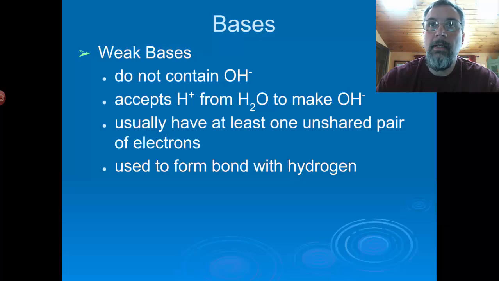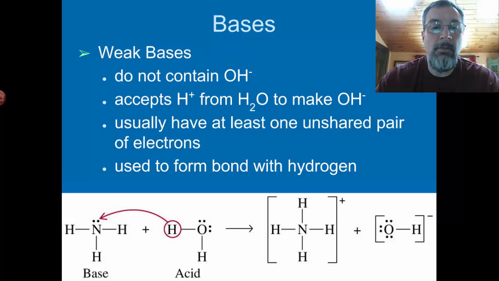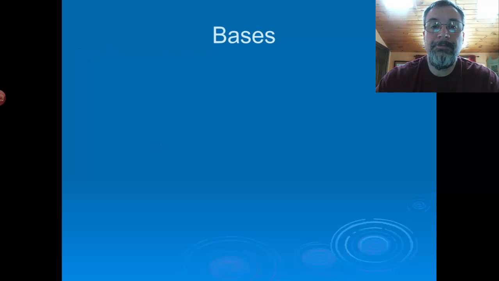And that extra pair can form a bond with the H plus. It's a covalent bond, and that's how the base accepts the proton. So for example, ammonia can take an H plus from water because it has that nice lone pair of electrons. The H plus will attach to it to form NH4 plus, the ammonium ion, and hydroxide ions.